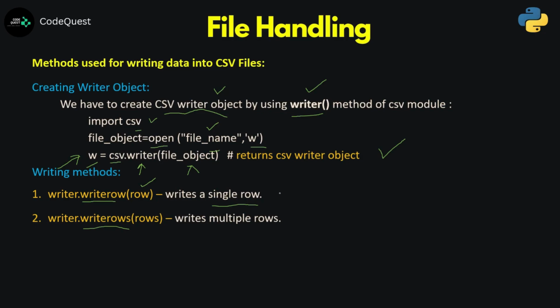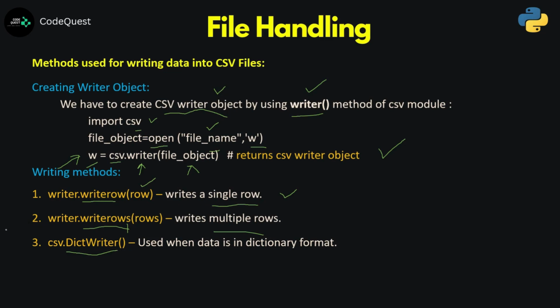The difference between these two methods is that writerow writes a single row at a time, and writerows is used every time you want to write multiple rows. Then there is a specific function called DictWriter, which is used whenever you have your data in a dictionary format.